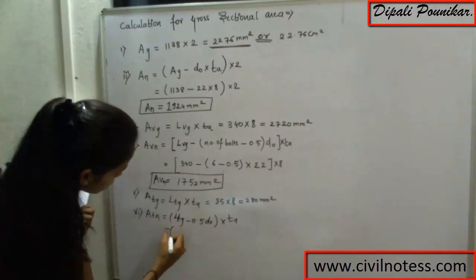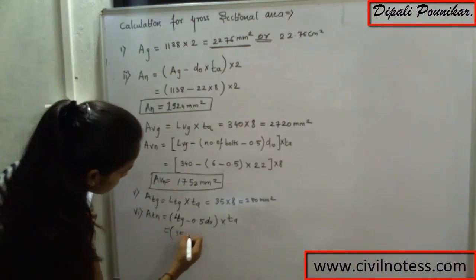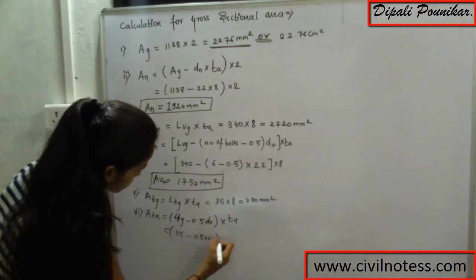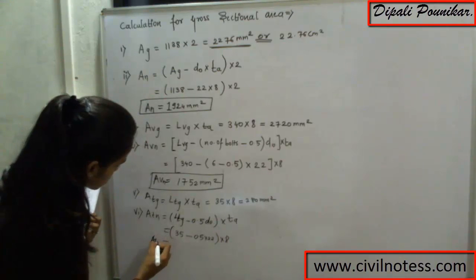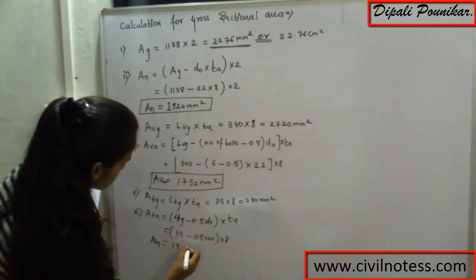After putting the values, 35 minus 0.5 into 22 into 8, we get ATM equals 192 mm square.